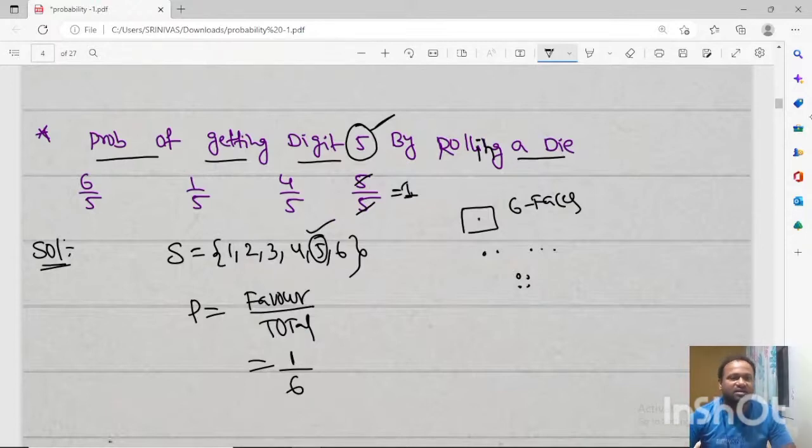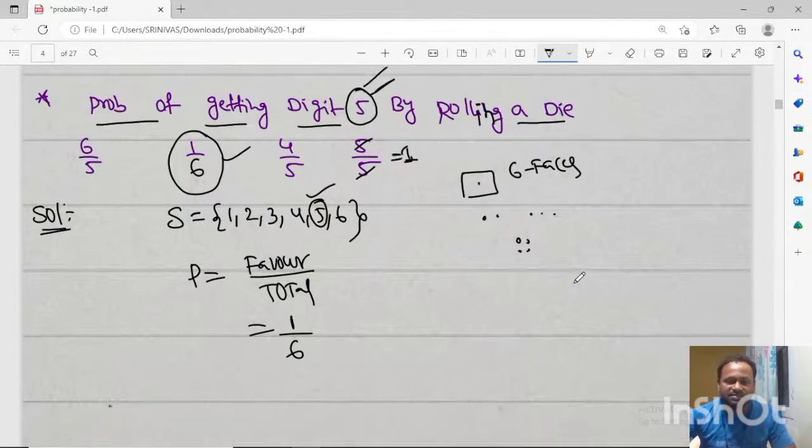I think the answer was not there, so here you have to write it like this: 1 out of 6. So the option will be this one, favorable by total. The favorable digit is only one number, that means 1 by 6.